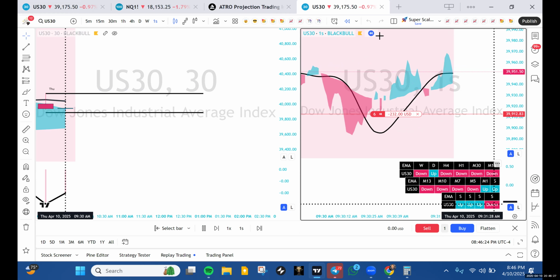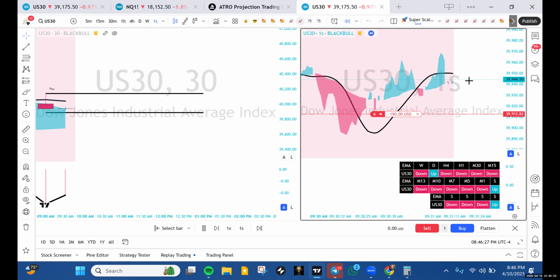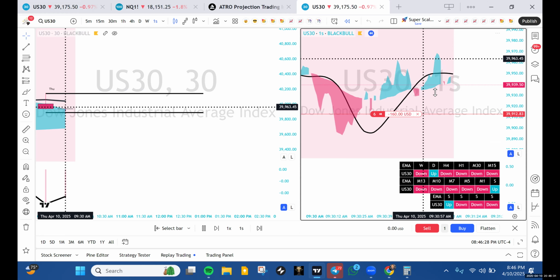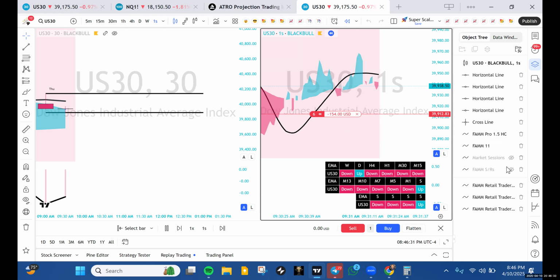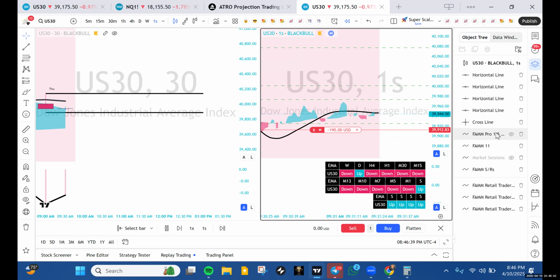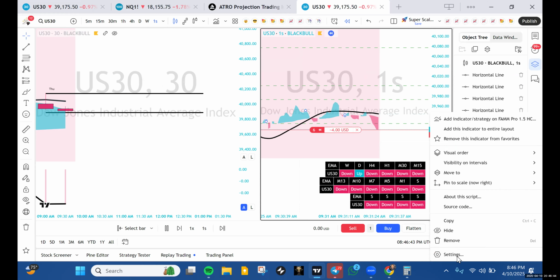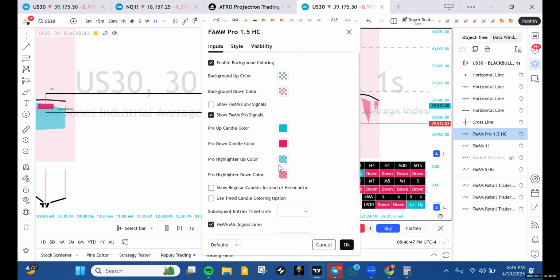At the same time, we'll have some support and resistance things going on. But again, we're not dealing with candles. Right? But even if we are dealing with candles, let me put them on so we can at least see something. Let's see. Maybe let's show regular candles.